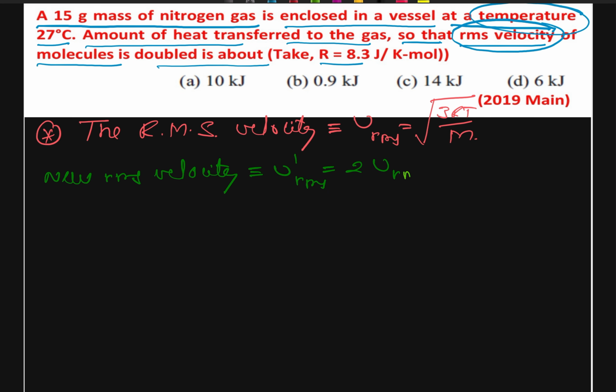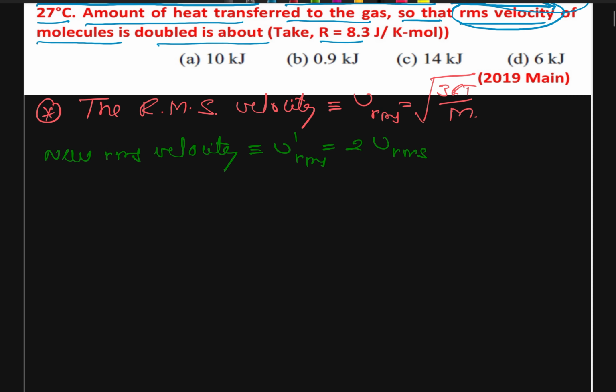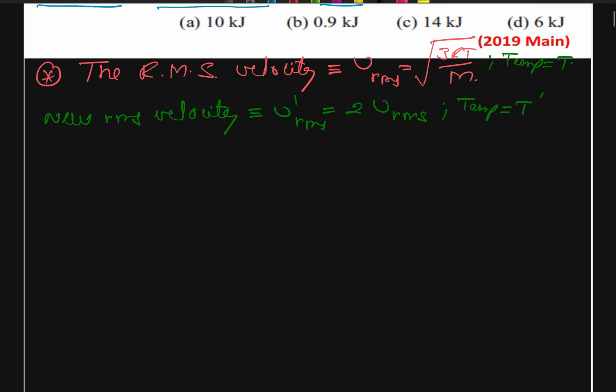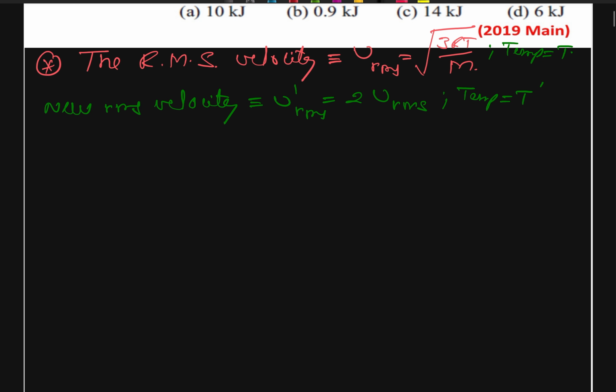That is a given condition. And this new RMS velocity is at a temperature of T prime, and VRMS is at the temperature of T. So we can easily find out the ratio.